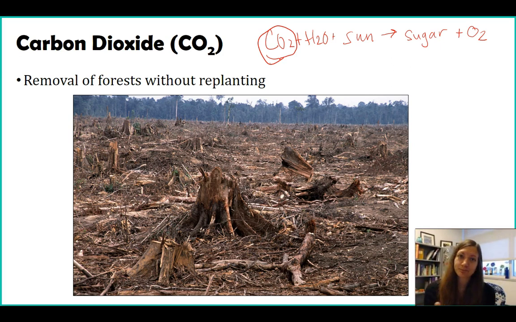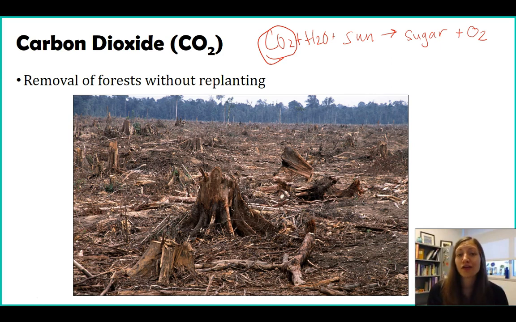So that's one issue. The other issue is that when you cut down those trees, more than likely you're using machinery that's using oil, that's using gasoline. You're also probably using those trees for some sort of function. Maybe you're processing them to turn them into planks. Maybe you're turning them into pencils, into paper, into whatever. And all of those processes take energy.